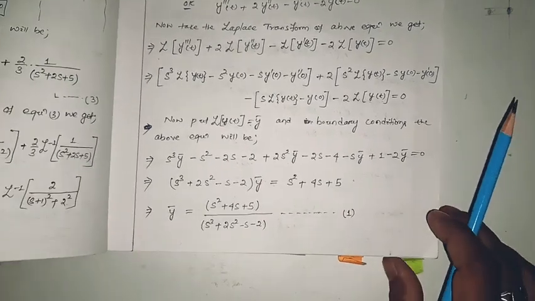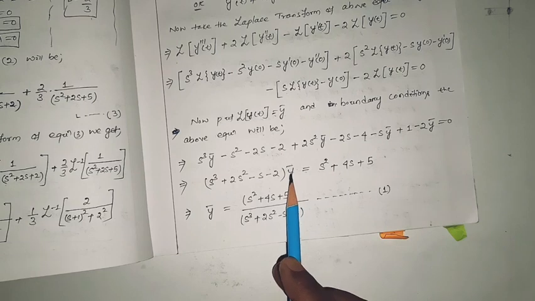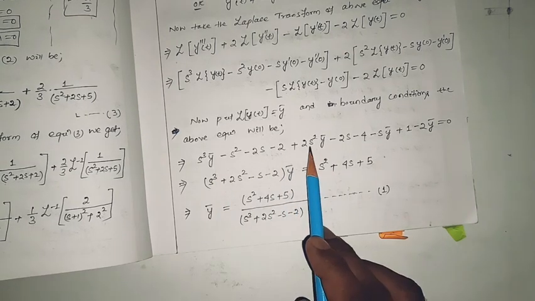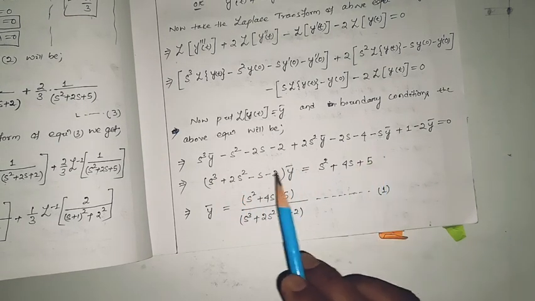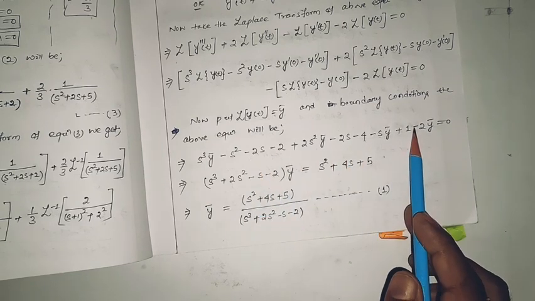Now collectively I write the y bar terms, taking y bar common, and this will be s cubed plus 2 s squared minus s minus 2, and the other terms are taken to the right hand side.